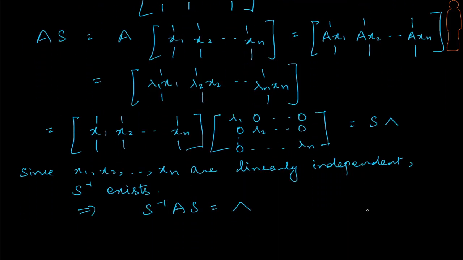Since we have assumed that the eigenvector columns are linearly independent, which is why we said initially that it's a very important assumption, S will have n pivots, and therefore I can get the inverse. So let's apply the inverse, and we got our equation which says S inverse times AS is equal to capital lambda.